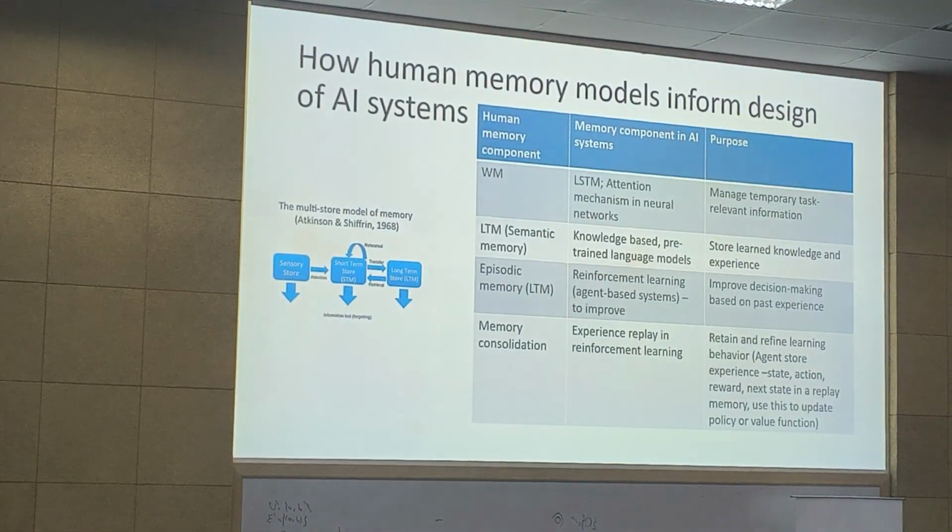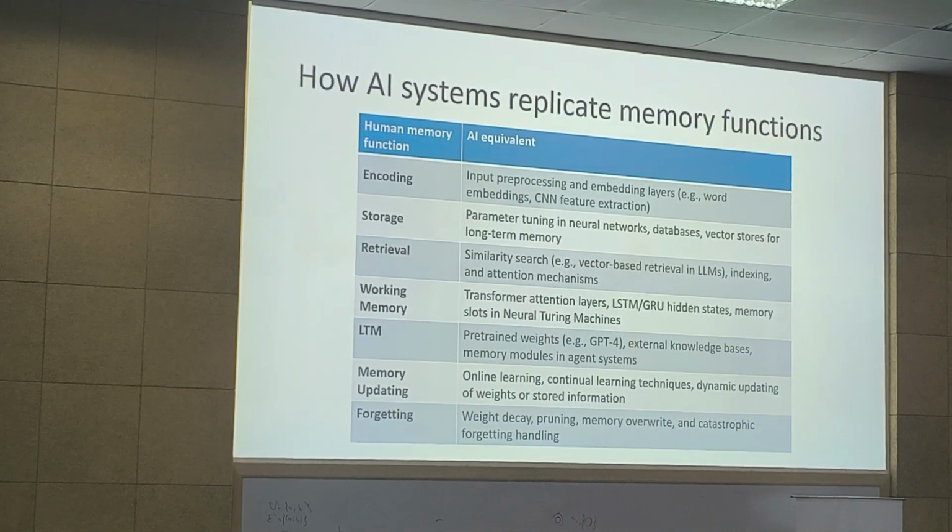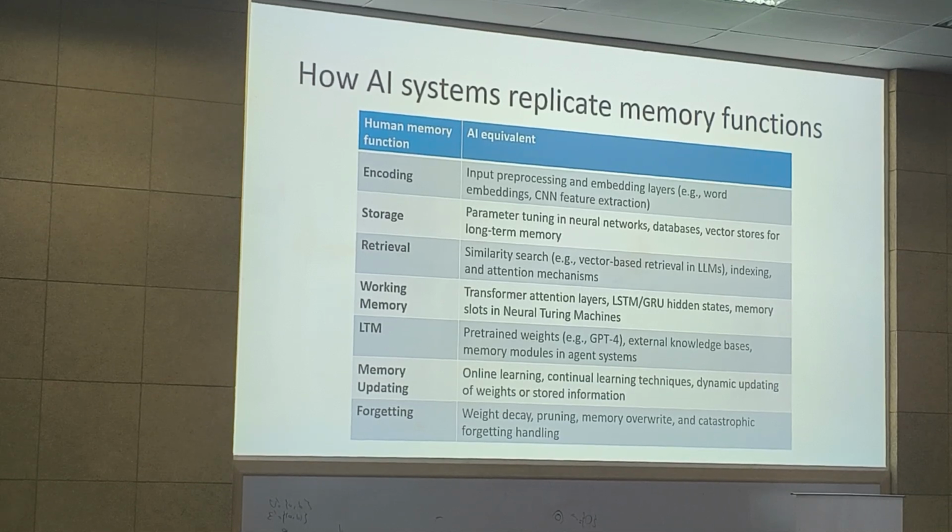So in this aspect, we actually compared how the different components of human memory and AI systems. Okay, so we make reference to the modal model of memory that was covered earlier on, and what kinds of association or relationship can actually happen when we develop AI systems, okay, and for what purpose. So these are the things that you can look into, and also how AI systems can actually replicate the memory functions.